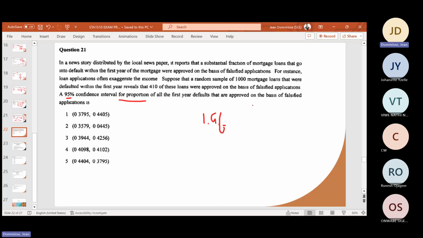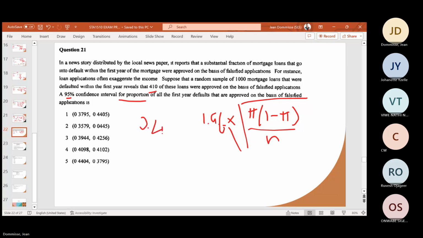And then we will also again need to work with the standard error. Okay, and the proportion is 410. So 410 divided by 1,000 is 0.41. So that would have been the formula that we work with.